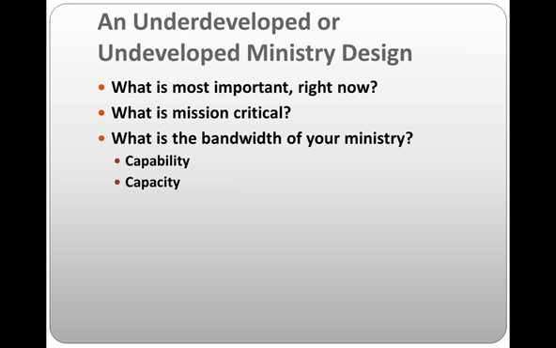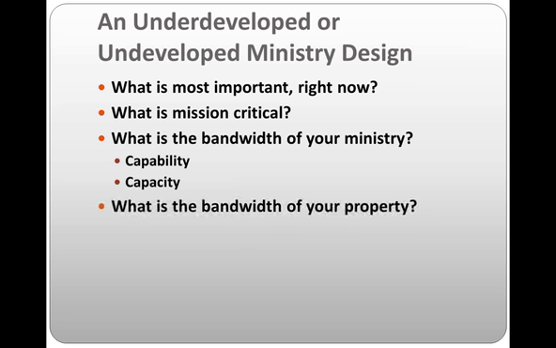I can juggle 2, but that's my capabilities. But what is my capacity? My capacity is 2 tennis balls at one time, not 3. So as you look at your ministry, you've got to begin getting an idea of what the bandwidth, the capabilities, and capacity of your ministry is.